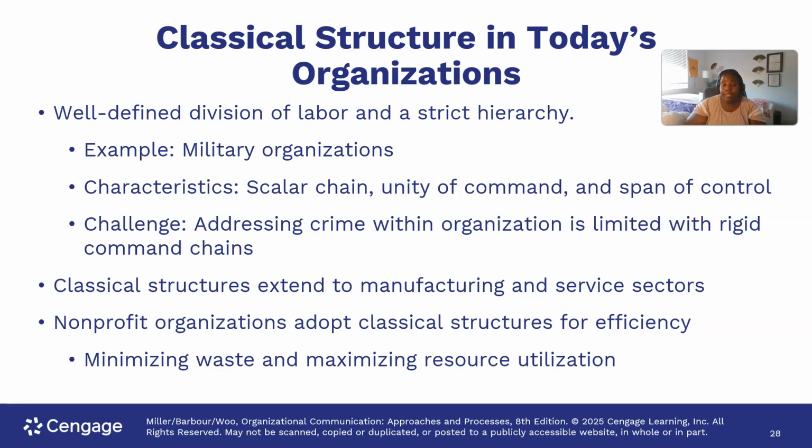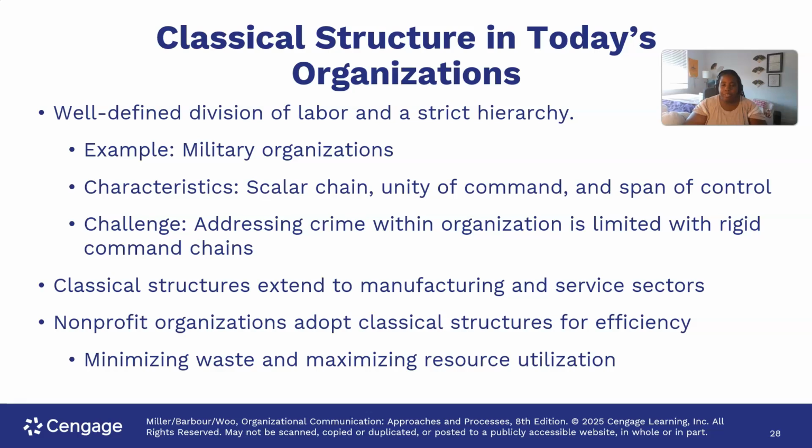So in military organizations, we have the scalar chain, unity of command, and span of control. The book addresses crime such as sexual violence within these organizations and how difficult it is for victims to find justice because of the rigid command chains.